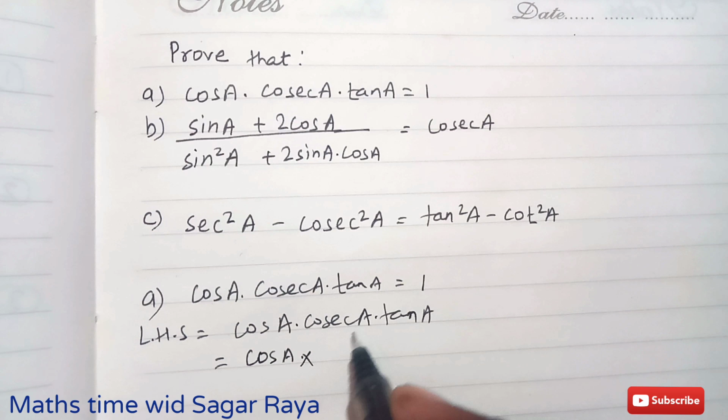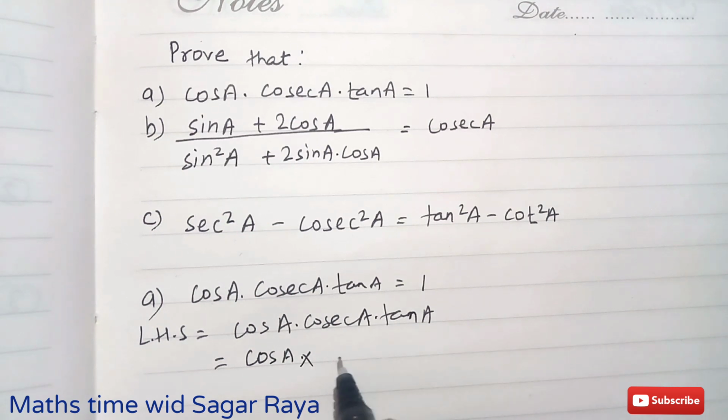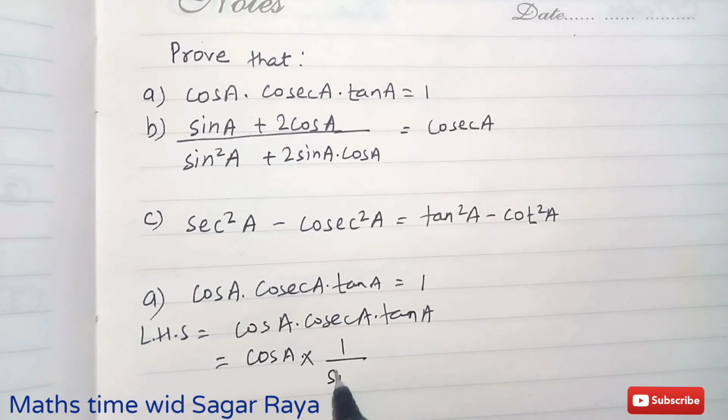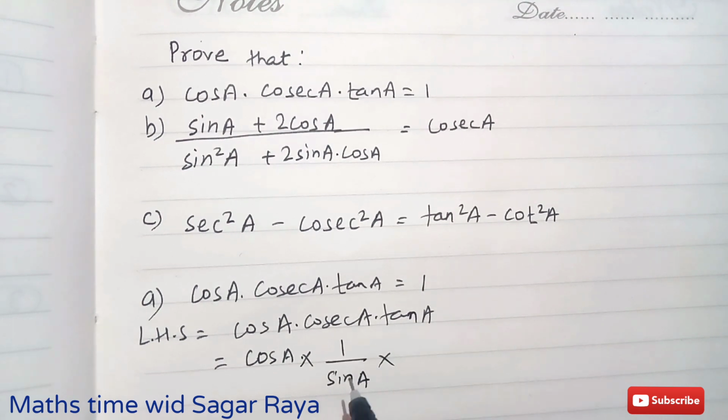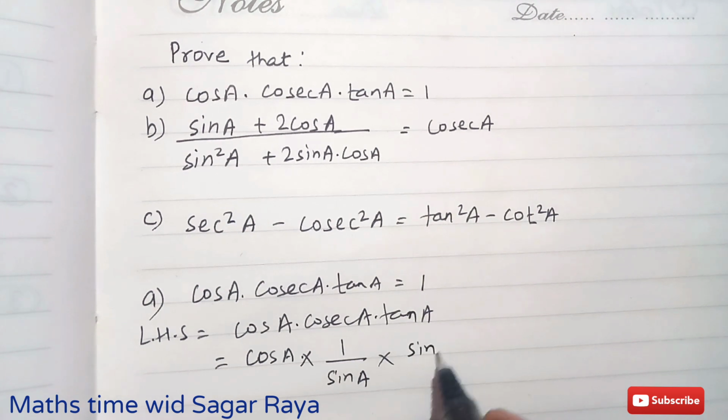Now cosec A you can write in terms of sin, so cosec A is 1 by sin A. Similarly, tan A has two formulas. One is 1 by cot A and another is sin A by cos A. I already told you we have to convert into either sin A or cos A, so tan A can be written as sin A by cos A.